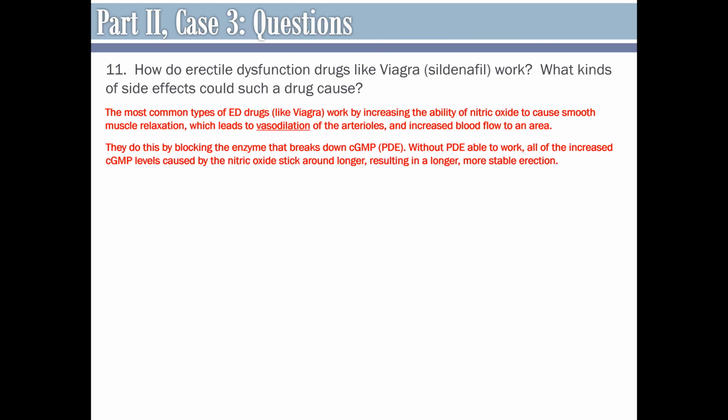So these drugs do this by blocking the enzyme that breaks down cyclic GMP, which is that enzyme called phosphodiesterase. And without phosphodiesterase able to work, all of the increased cyclic GMP levels caused by the nitric oxide stick around longer, which results in a longer, more stable erection.